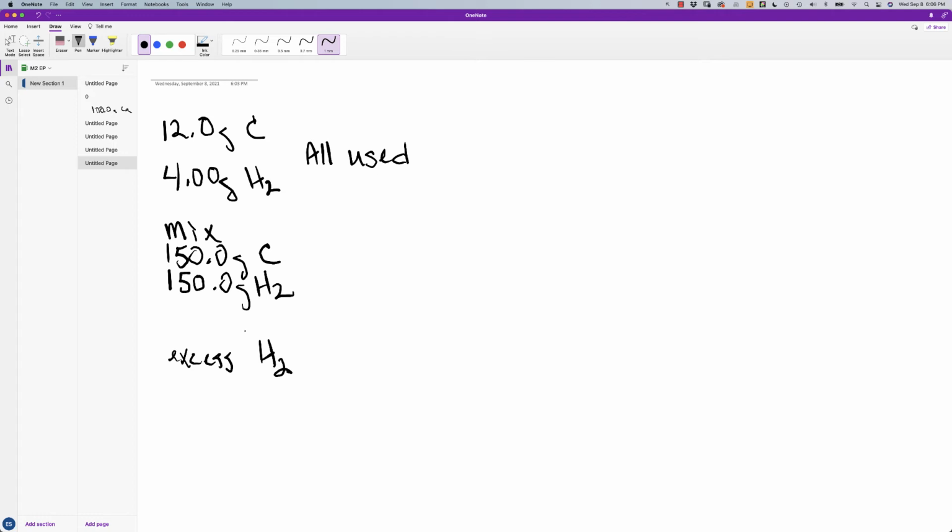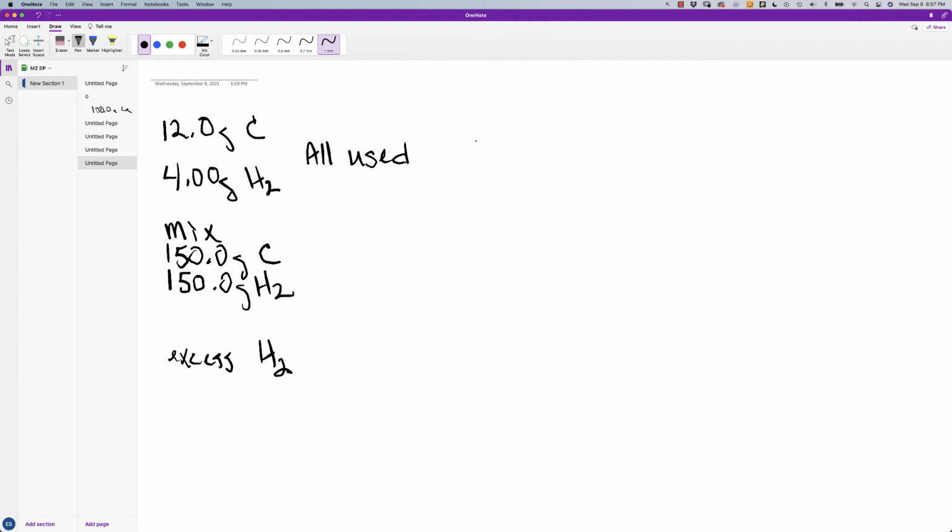So again, we could do this using ratios. This is a little different because they don't tell us our end value. We're just doing the ratio of hydrogen to carbon in this reaction, and then we're going to look at that same ratio when the carbon is 150, because we do know that.